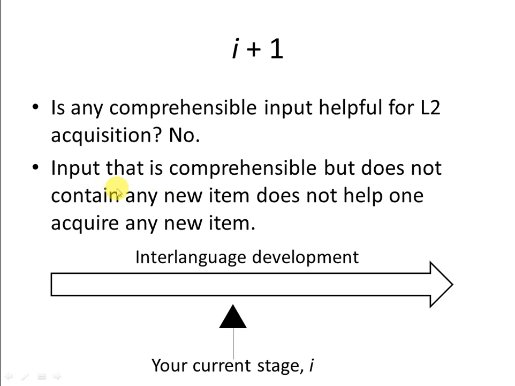So input that is comprehensible but does not contain any new item to us, does not help us acquire any new item. Well, this is very obvious, I think.